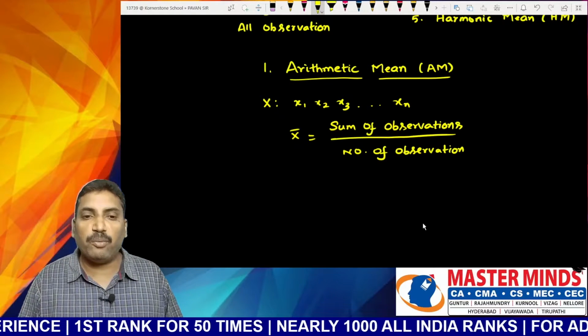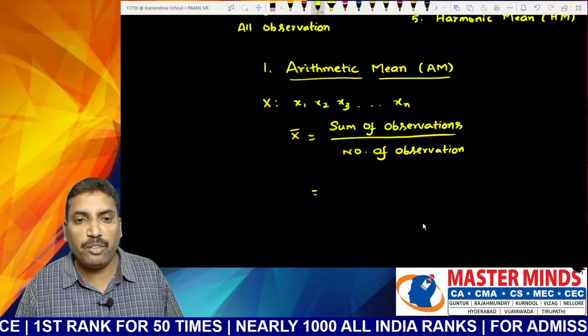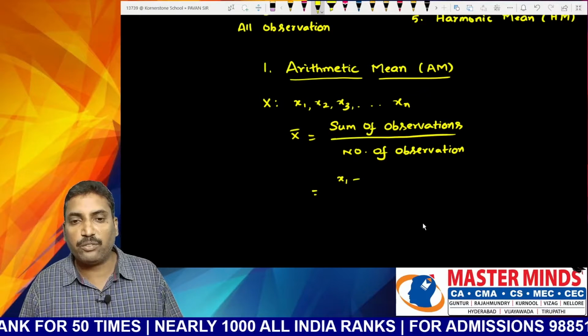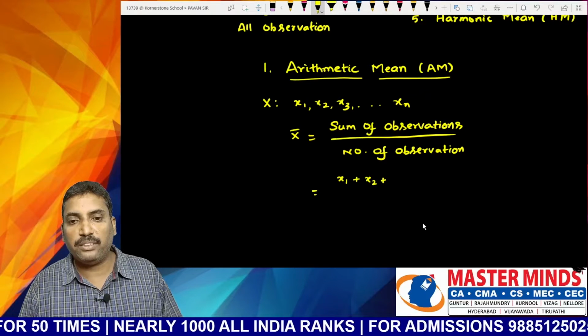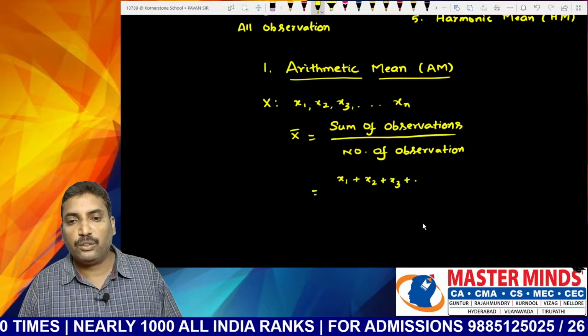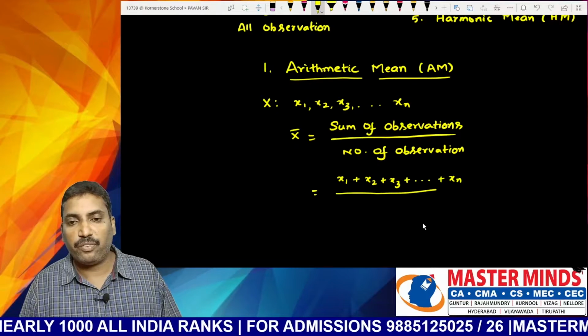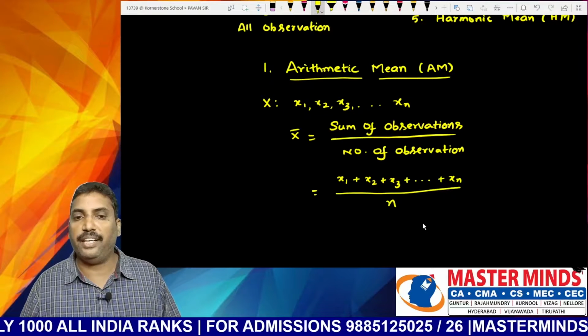Now what does sum of observations mean? Here we have the observations x1, x2, x3, and so on up to xn, so we have to add all the values. So x1 plus x2 plus x3 plus so on, plus xn, divided by the number of observations, which is n.